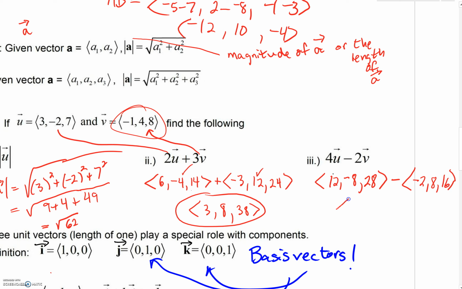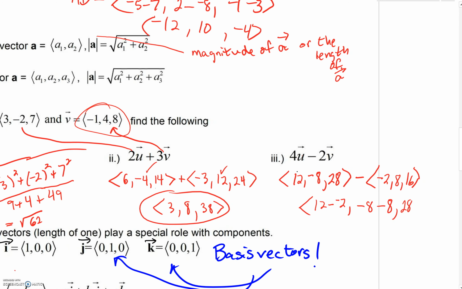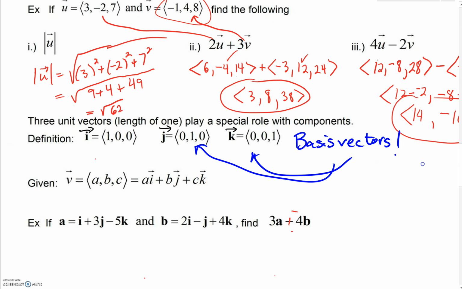And then this is just going to be 12 minus negative 2, negative 8 minus 8, 28 minus 16. Of course, we could have done this in our heads just as well, but that's a 14, negative 16, and 28 minus 16 is going to be 12. So that type of problem, hopefully you can see, is going to go rather quickly.